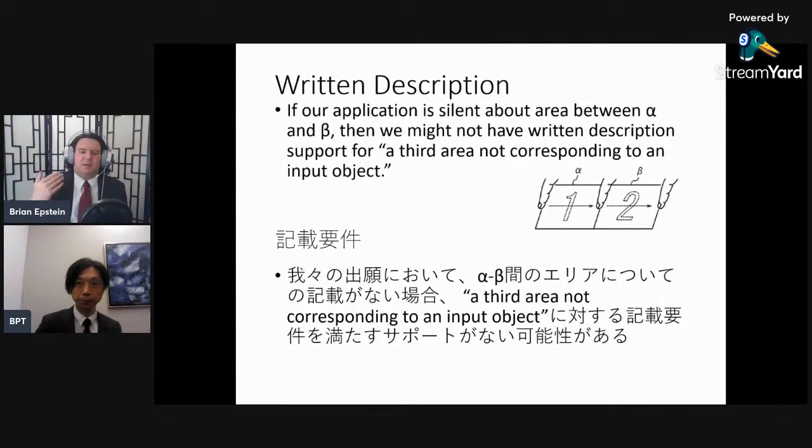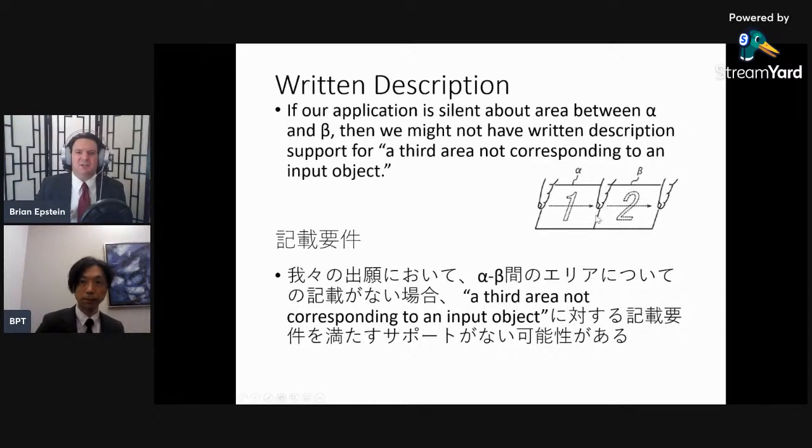So here's an example of this. If our application is silent about this area between alpha and beta, right, there's this border here, then we might not have written description support for a third area not corresponding to an input object, right? This is what we mean.